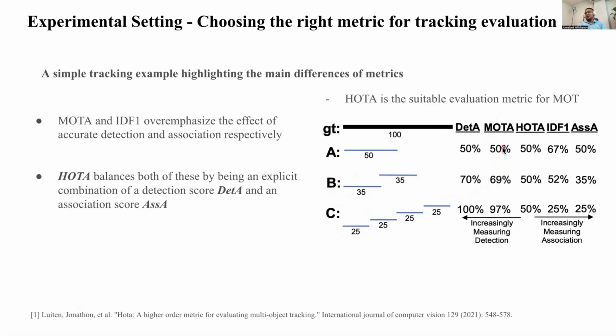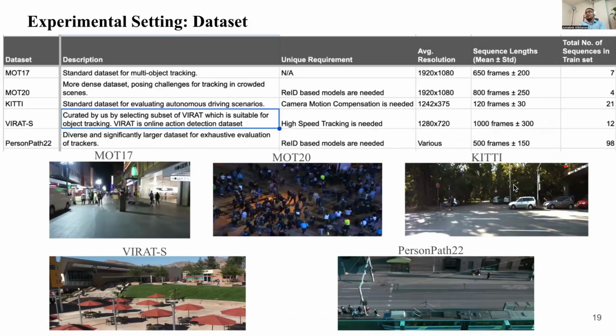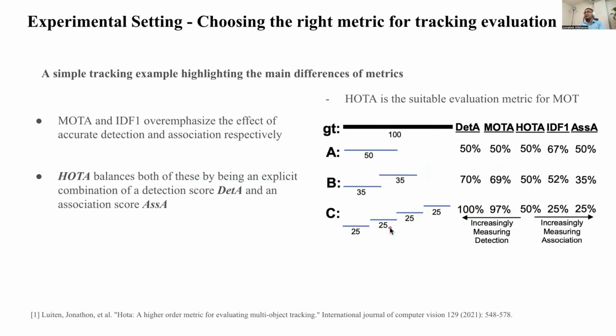That's why it increases from 50% up to 97, sorry. If you see IDF, it decreases from 67 to 25%. Why? Because association is getting worse. Association would be maximum if there is only one track. Here there's only one track, but association is not 100 because IDF is also considering the detection component to evaluate.